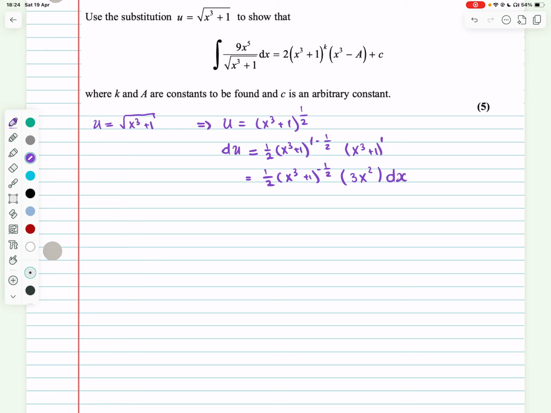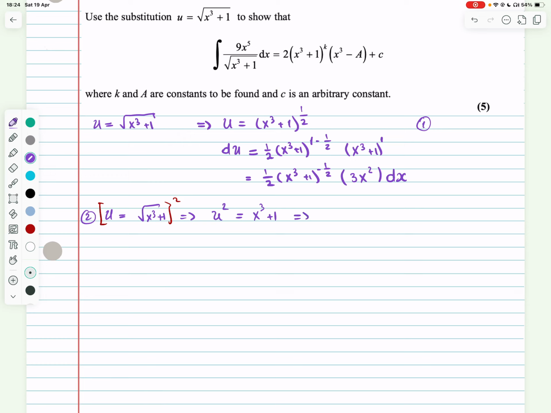The one more thing I need is to also know the x. So taking u equals square root of x cubed plus 1, we square both sides, and that gives us u squared equals x cubed plus 1.